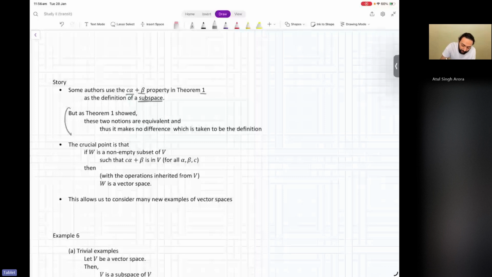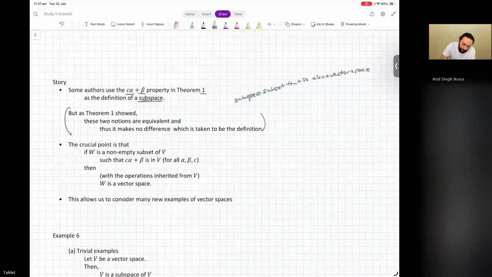So the first definition was that it has to be a subset that is also a vector space. So this was the definition of subspace. And the other one was that it has to satisfy this C alpha plus beta property. Okay, so these are equivalent.